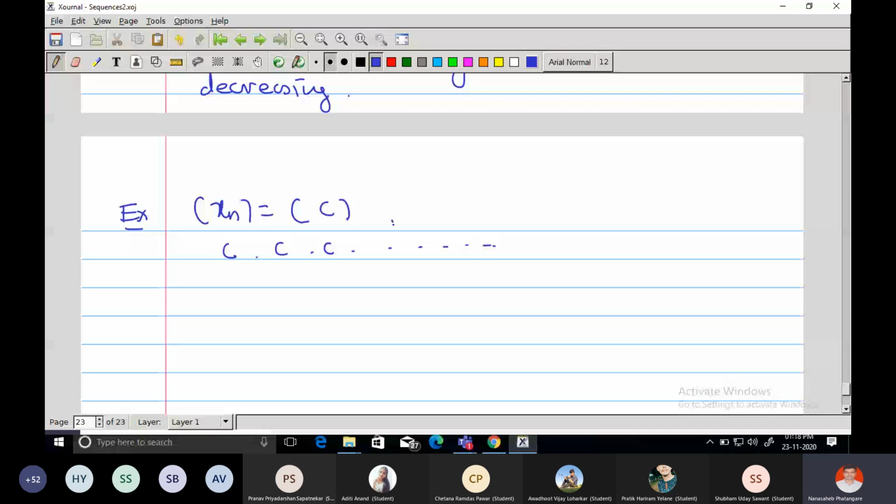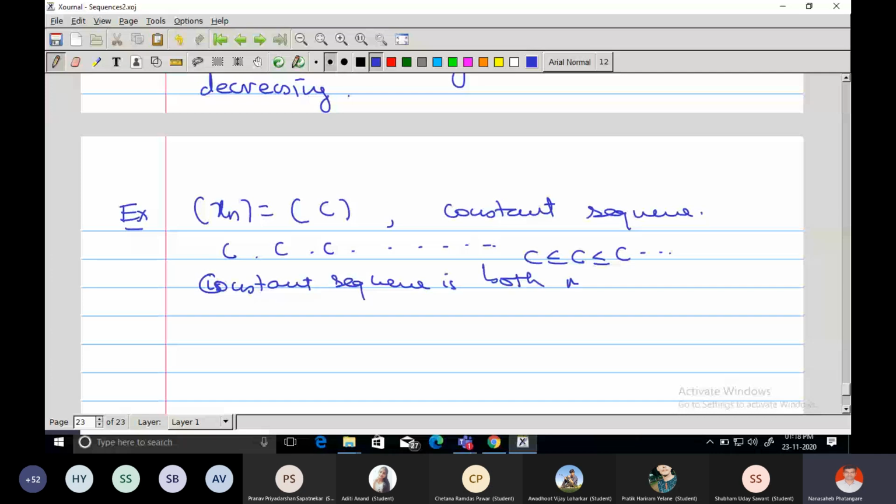Right, a constant sequence is both monotonic because you can say that C is less than or equal to C, x1 is C, x2 is C, right? A constant sequence is both monotonic increasing and monotonic decreasing.